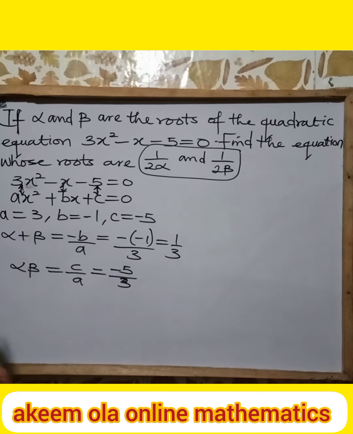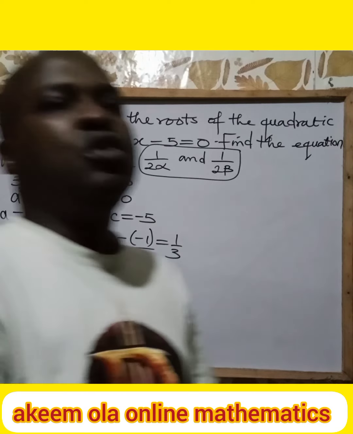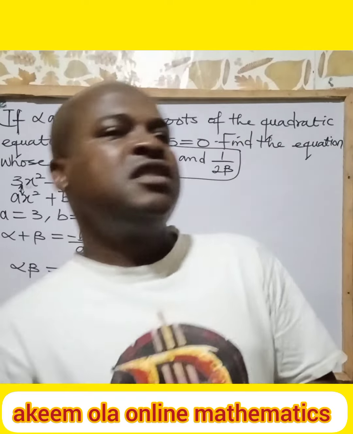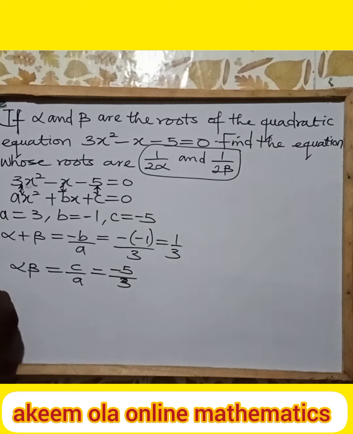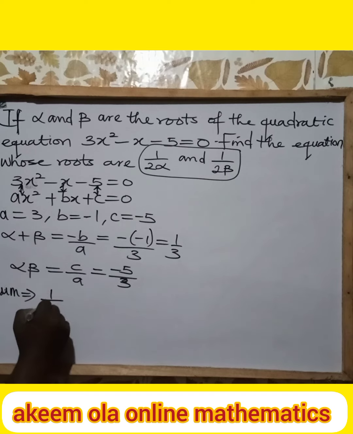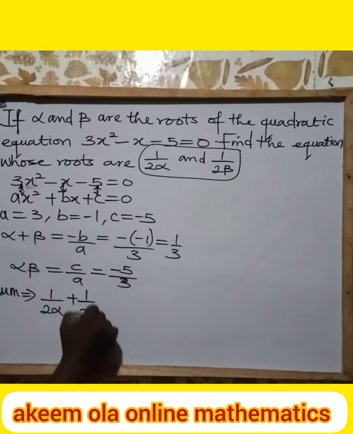Now we can simplify the given roots, the roots that they want us to find the equation for, in terms of product and sum. Let's consider the sum of roots now. If you consider the sum, we are going to have 1 all over 2 alpha plus 1 all over 2 beta.